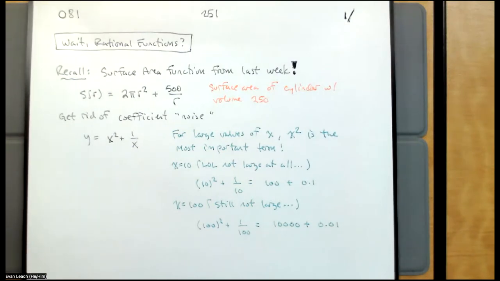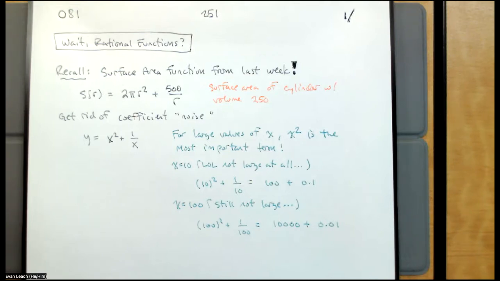Even at this point where x is only 100, it's pennies compared to $10,000. So for large values of x, x squared wins.